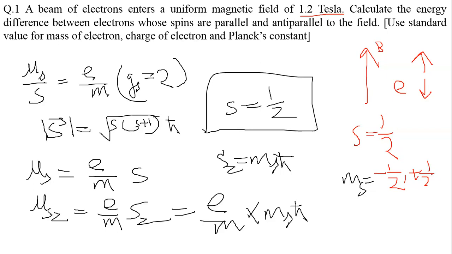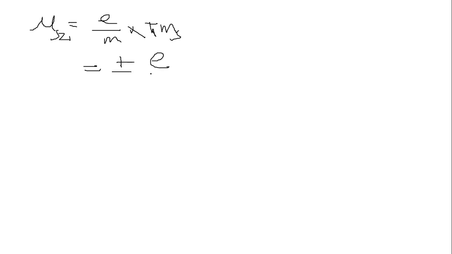So what will be the mu sz value? The mu sz, that is the z component of spin magnetic dipole moment, is E by m into h cross ms. If we put plus minus half, then it will be plus minus E by m into h by 2 pi into half.